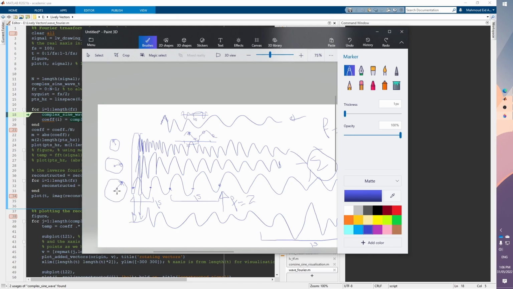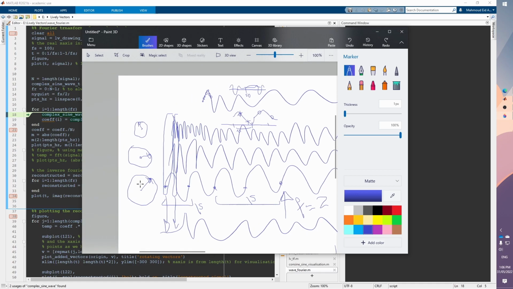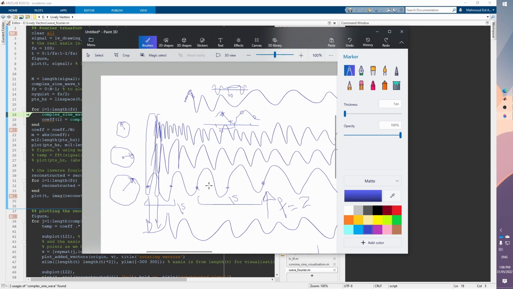So we can now consider this shape and say that we have our signals added together to build this wave, and each one of them is actually a rotating vector. So the question now is what will be the initial configuration for the phase value, and what will be the magnitude for every frequency.